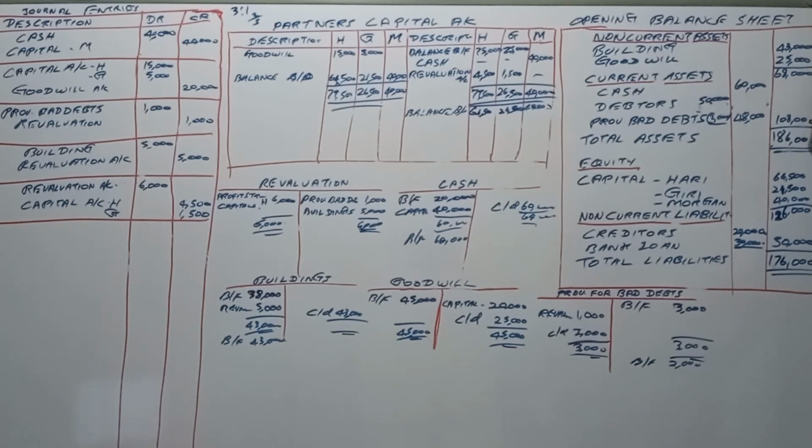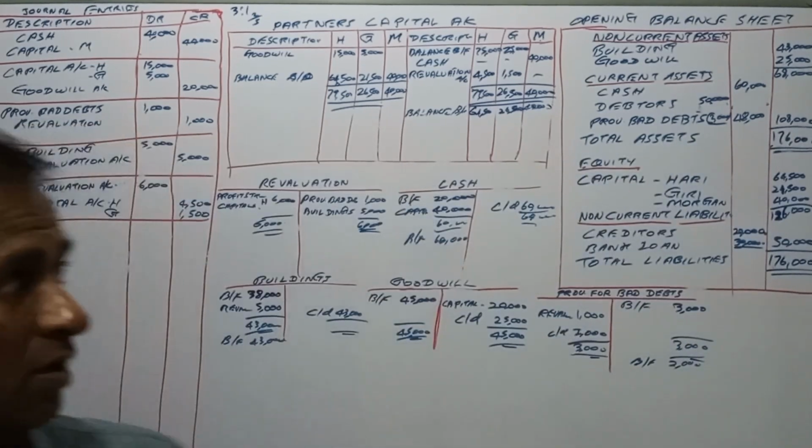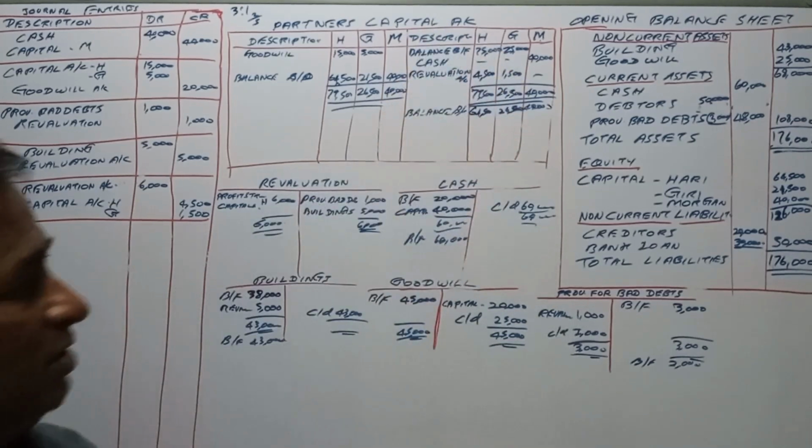Then 60 and 48 is 108, 176,000. The balance is balancing.